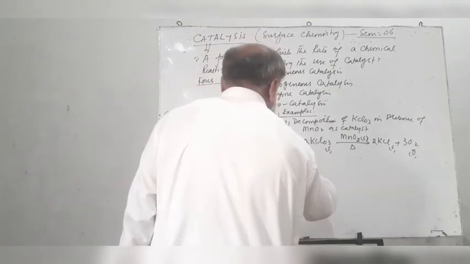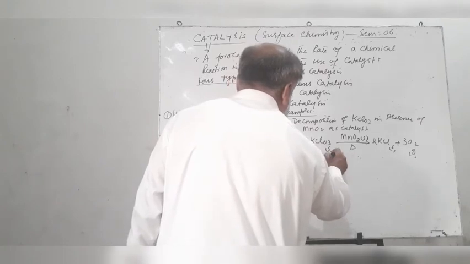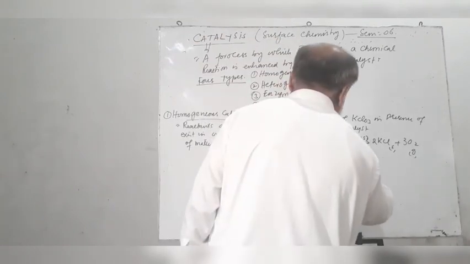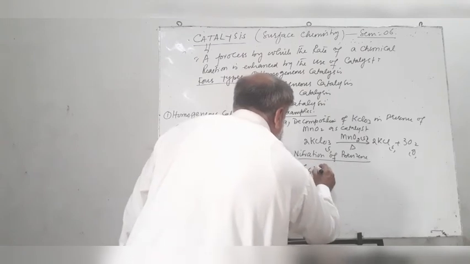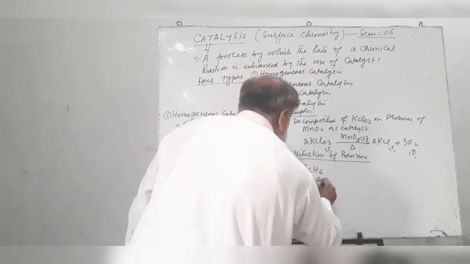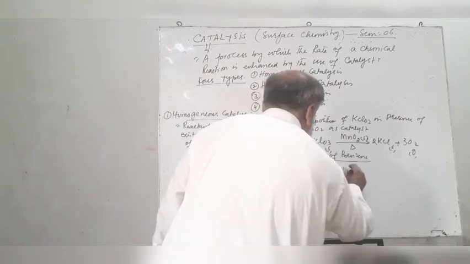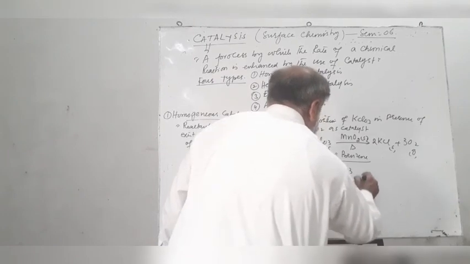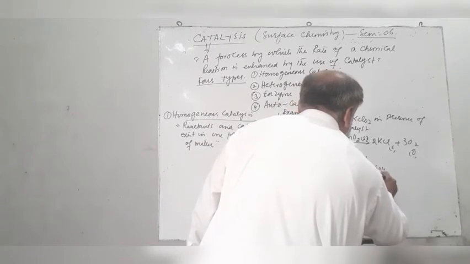The nitration of benzene. C6H6 benzene is in liquid state. The second reactant is nitric acid, HNO3 concentrated. It is also in liquid state, and the catalyst is concentrated sulfuric acid, which is also in liquid phase.